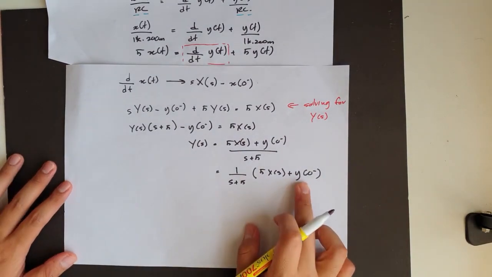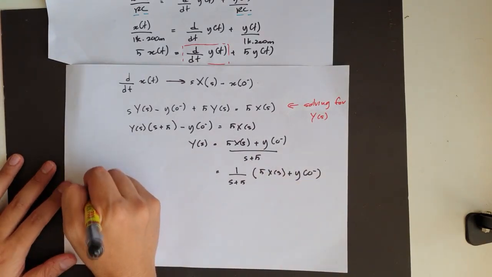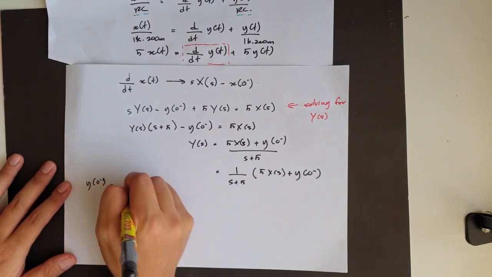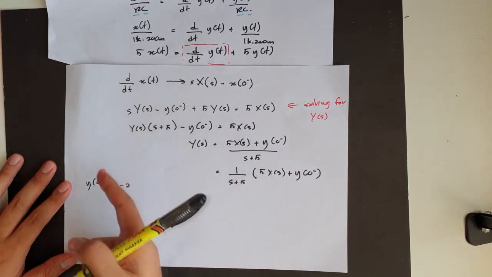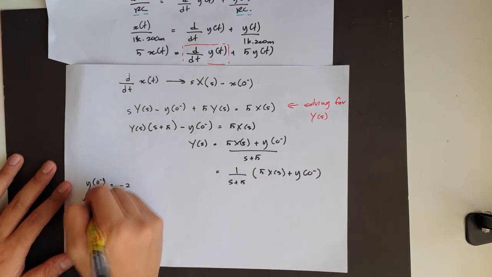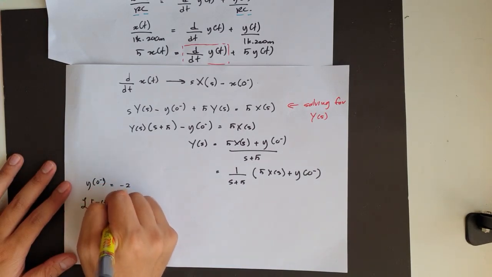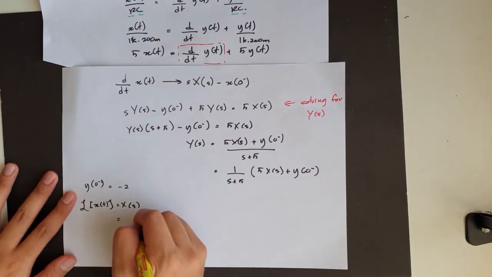So here we already have the value of the initial condition, which is y(0-) equal to -2. To get the value of X(s), we require to transform x(t).